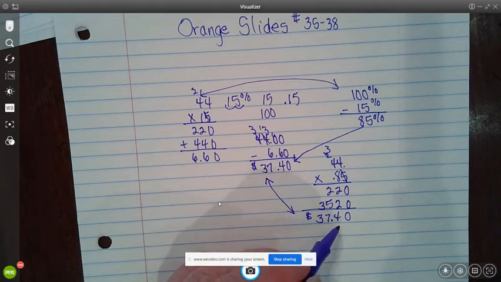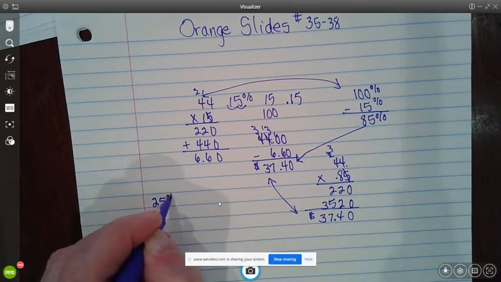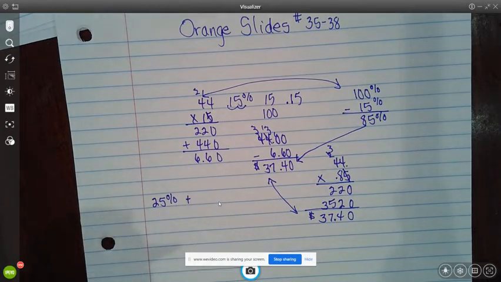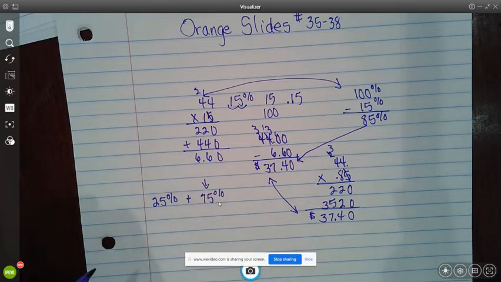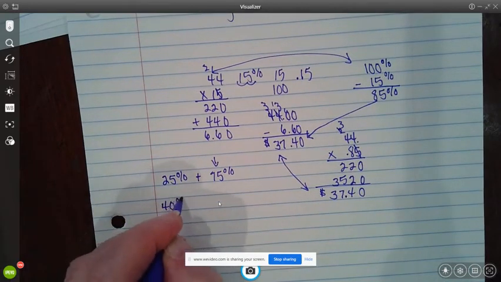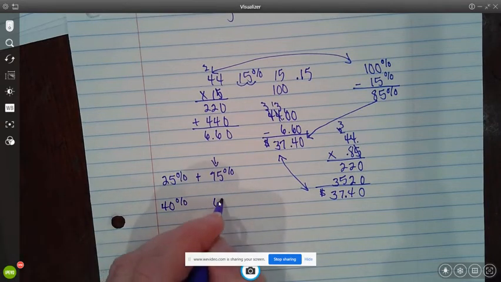So let's think about that for a moment. If I have 25% off of an item, what can I add to that to get that 100%? Well, 25 and 75% make 100, so I'm actually paying 75% of it. What if it's 40% off of an item? What percent am I paying? 60%.